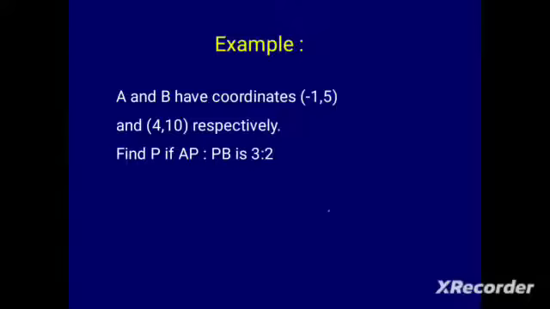That is the question. So we have a line AB which is internally divided by point P in the ratio 3 to 2.